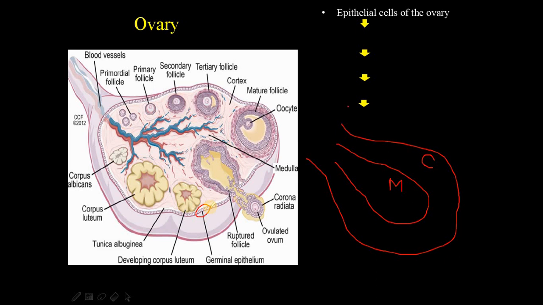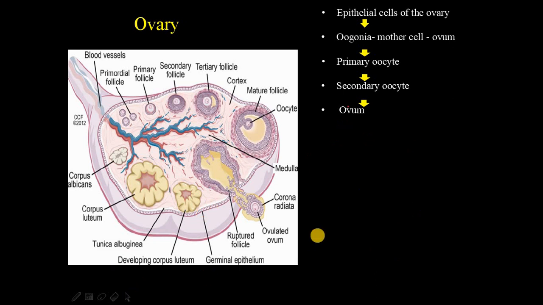The germinal epithelial cells of the ovary multiply to form oogonia, which is the mother cell of the ovum, which further grows to primary oocyte, which then forms secondary oocyte, and this develops into a mature ovum. This entire process we'll be studying during the process of oogenesis.